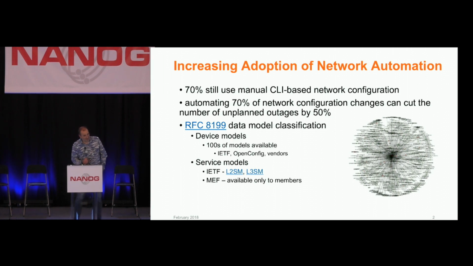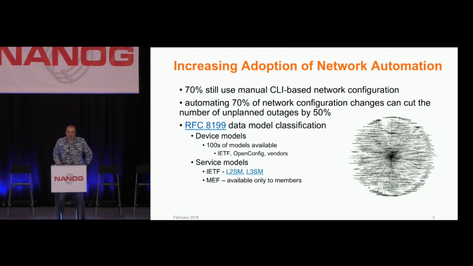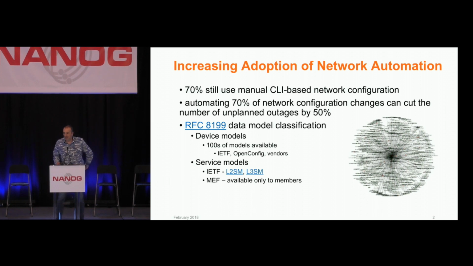On the other hand, if you start using network automation, you can reduce some of your errors by 50%. And this is an interesting stat because when I was working at my previous employer, we had an SDK for the devices, and they loved writing specialized CLI applications using that SDK because they were saying, well, we are just exposing all of the commands that we need in order to provision the new things.